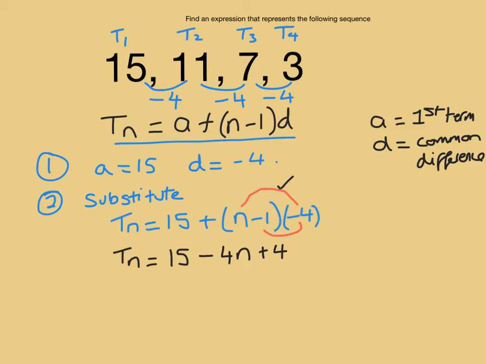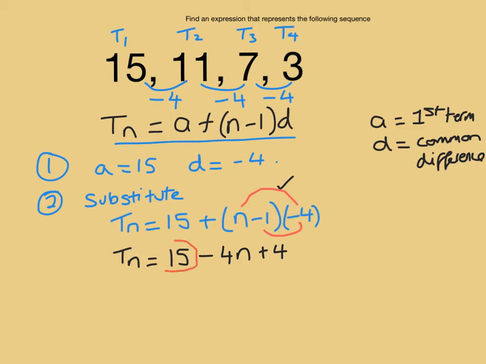Okay, final part then. I just want to simplify it. Again, is there anything I can add or subtract here? Any like terms? 15 plus 4, yeah, very good, Howie.